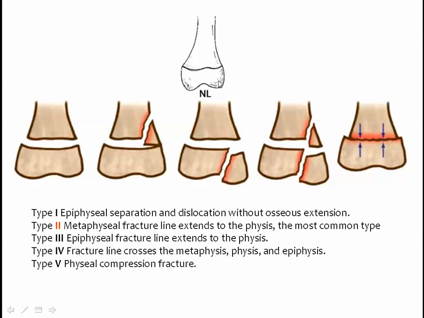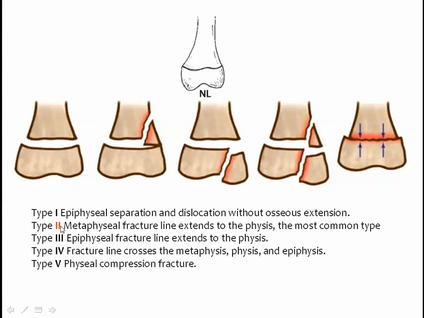This is the normal appearance of the relation between the epiphysis and the metaphysis and the thickness of the physis. Then type 1 of this classification is in the form of epiphyseal separation with widening of the space between the epiphysis and the metaphysis.